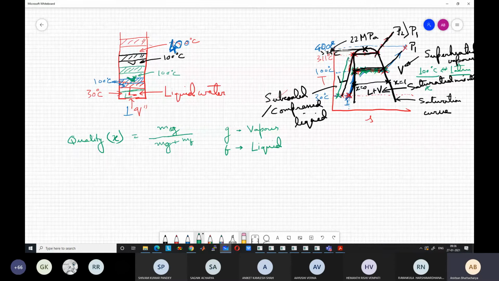There is no distinct change in quality, or the quality cannot be defined even for this case. There is a smooth transition of the properties instead of the abrupt transition in the two-phase region. If you have even higher pressure, say 500 atmospheric pressure, 50 MPa pressure, this process will go like this.